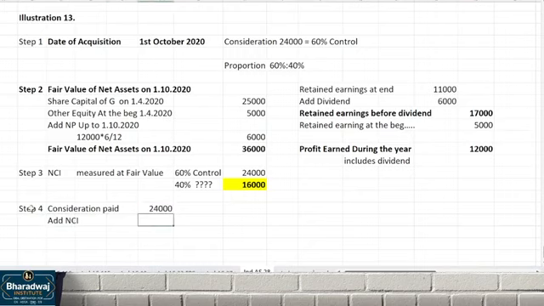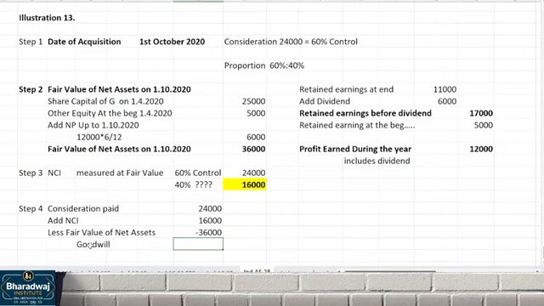Add NCI value of 16,000, less fair value of net assets, 36,000. This will give us goodwill. How much will the goodwill be? 4,000. Goodwill 4,000.